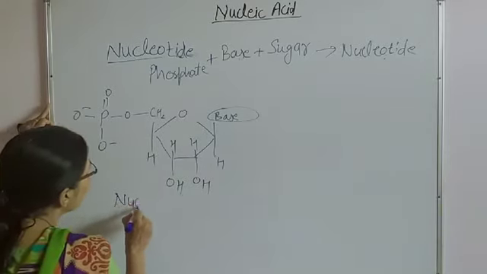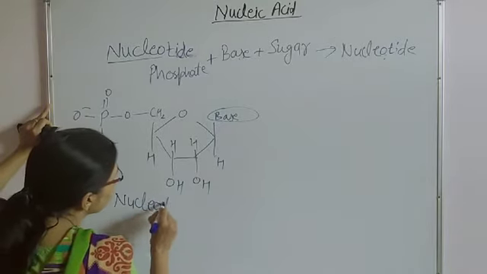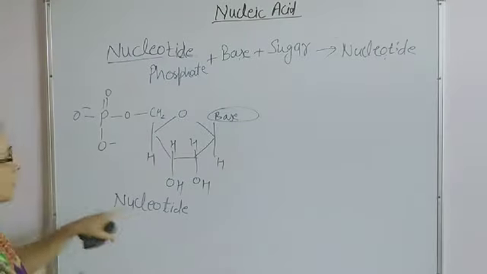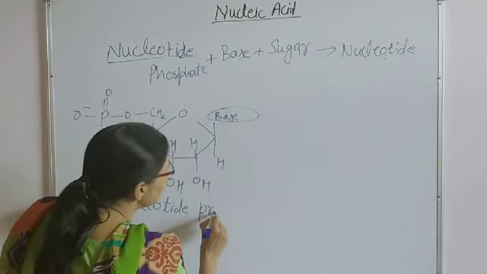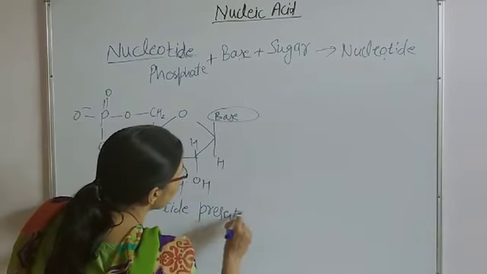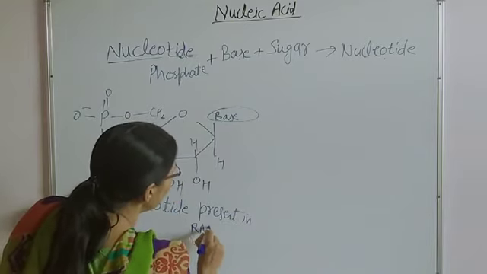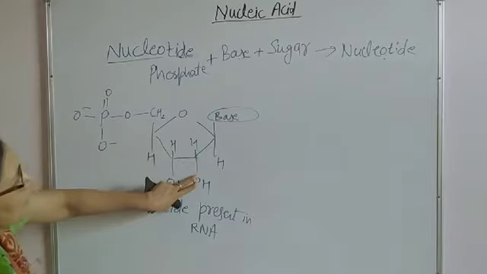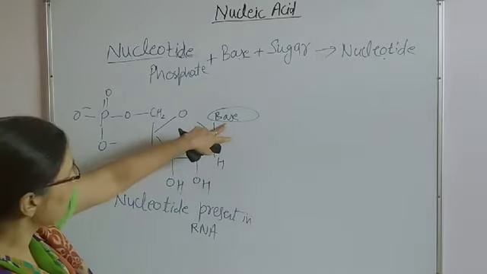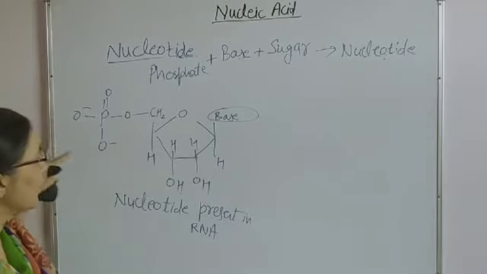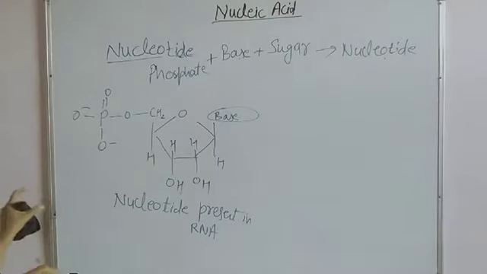One of the nucleotides, as I am taking ribose sugar, so it is the nucleotide present in RNA. If I take deoxyribose sugar and bases also I take A, T, G, C, then it will be the nucleotide present in DNA.